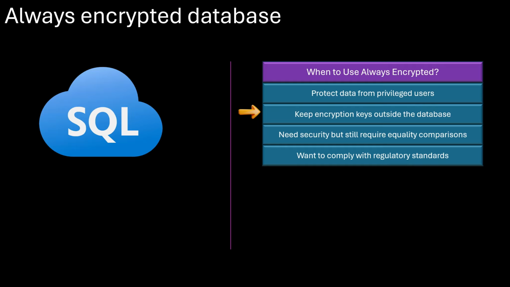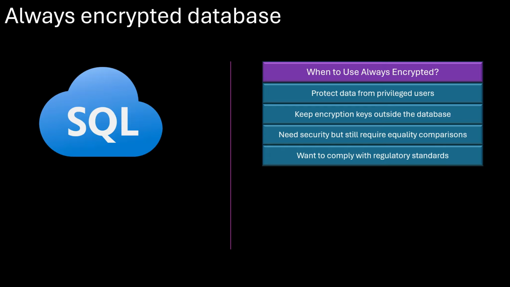You should use it when you want to keep encryption keys outside the database for maximum security. You should use it when you need strong security but still require equality comparisons in queries. You should use it when you want to comply with regulatory standards such as GDPR, HIPAA, or PCI DSS.